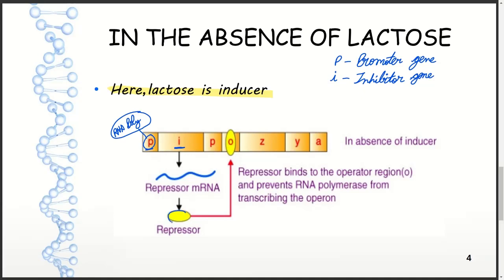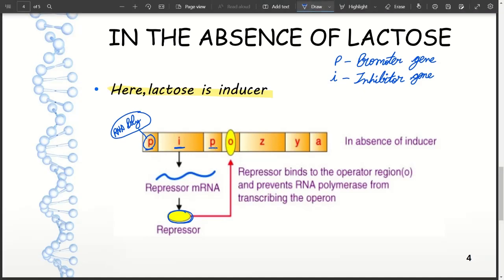As you can see here, this is the accessory protein which is going to be synthesized by Ig. And let's move on to the next, which is also our P, or you can say a promoter gene.